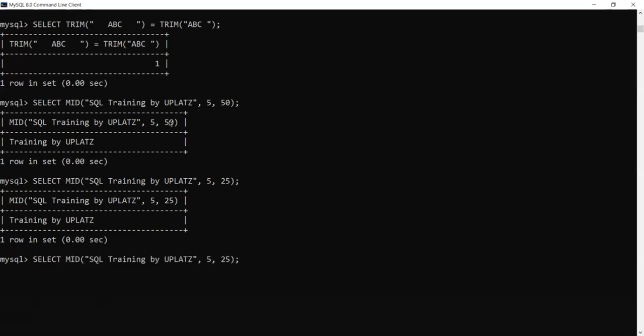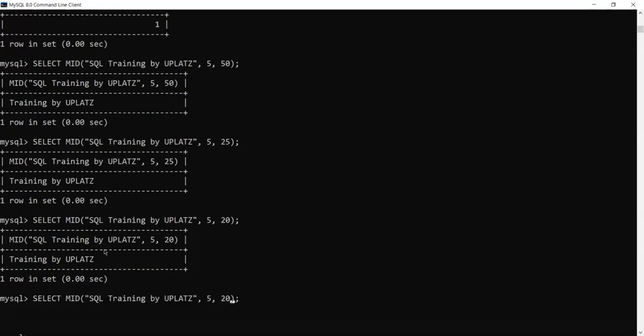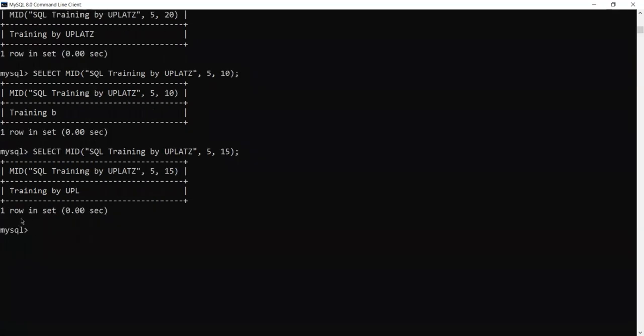Let us try to reduce this even more. Let us take it to 20. Still it is working fine. Now let us try to reduce it to 10. Now what happens is that it has just retrieved 10 characters from my statement. From SQL training by uplats, it has retrieved 10 characters starting from the 5th index, that is from T. So that was the mid function for you.